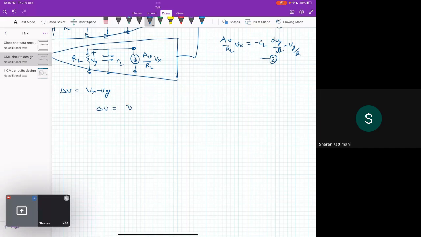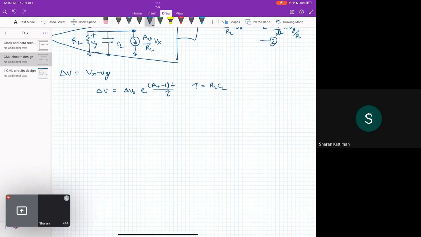delta V equals delta V0 e^((AV minus 1) t by tau). Okay, and this tau is nothing but RL CL.